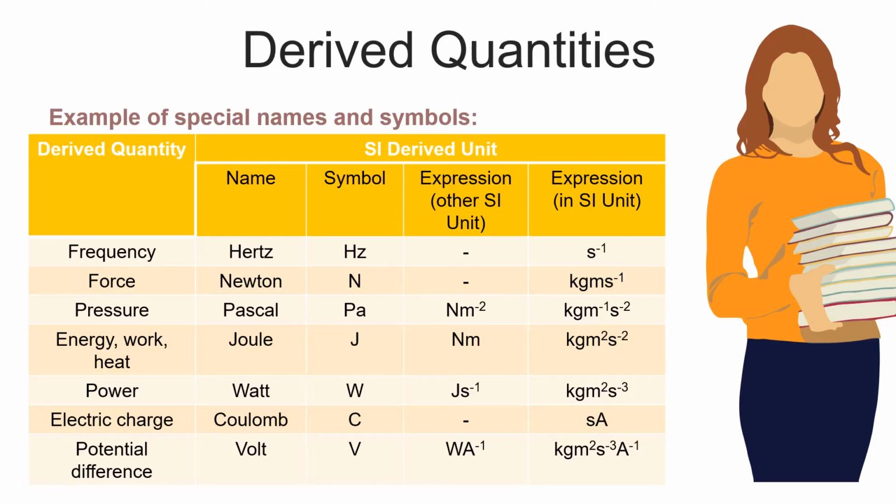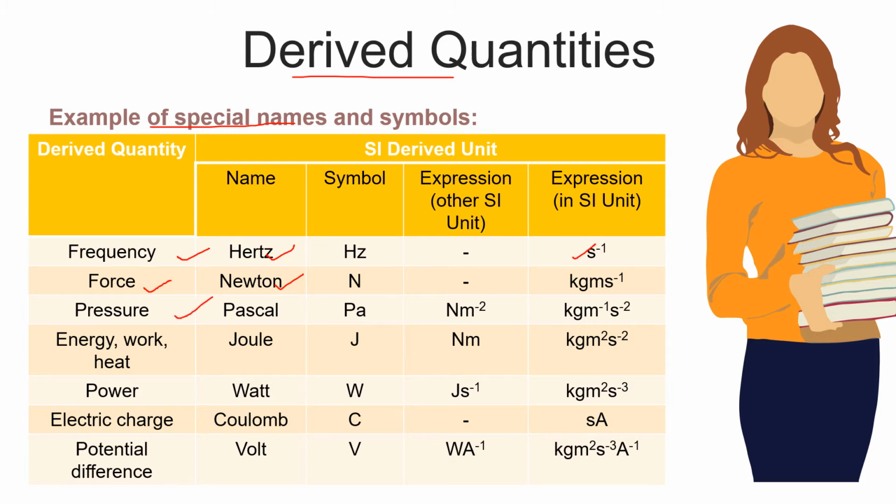Next part is derived quantity. This is an example of special names and symbols for some derived quantities. These are the ones you often hear. We have frequency, which is hertz, and the SI unit is 1 per second. Force is Newton, and its SI unit is kg meter per second squared.